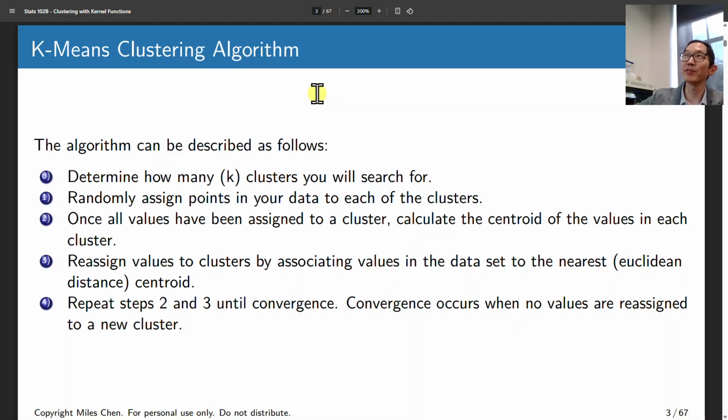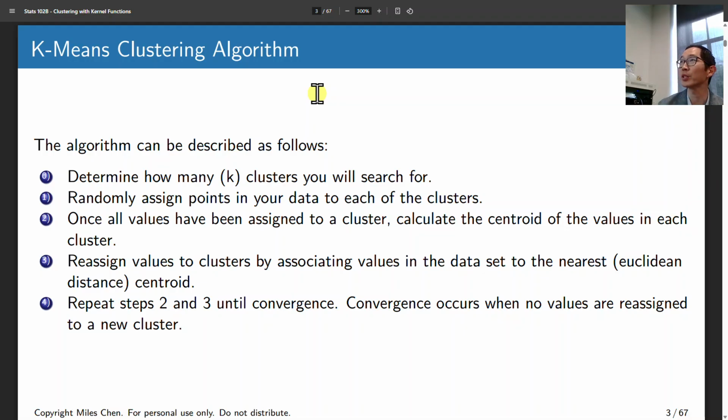Now, you can automate the selection of k a little bit by perhaps having the computer loop through a bunch of choices of k, and then you use some metric to decide which of these seems to perform the best. But anyway, let's say you have your k determined. That would be, I guess, our step 0.